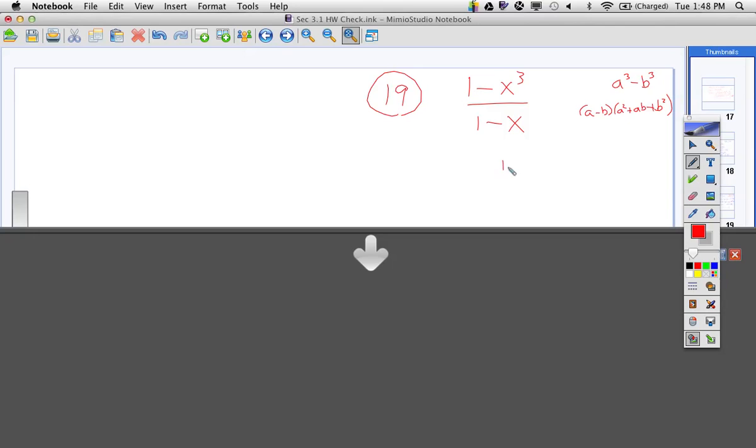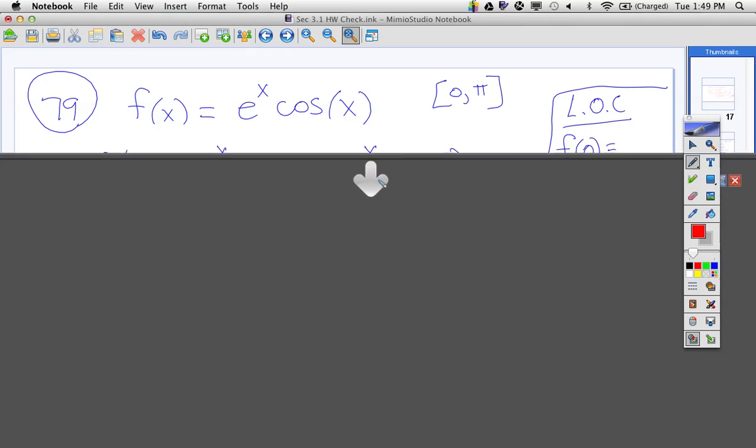So this would factor into 1 minus x, and then 1 plus x squared over 1 minus x, and those would cancel. And that's what they were talking about. So I apologize if you spent a ton of time trying to factor that one, but I suppose you could have Googled it. Could you just Google that anyway?